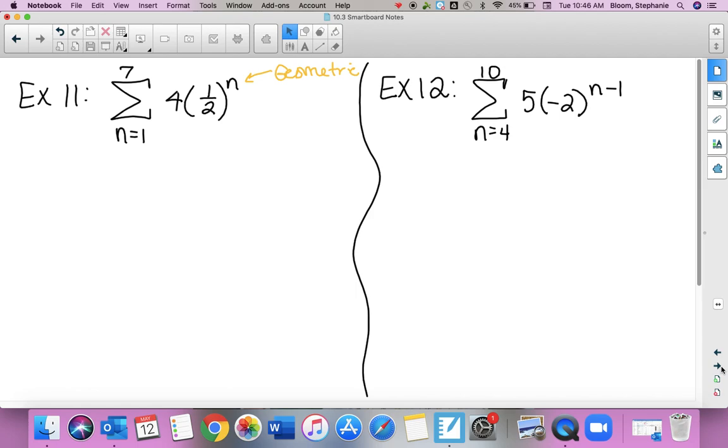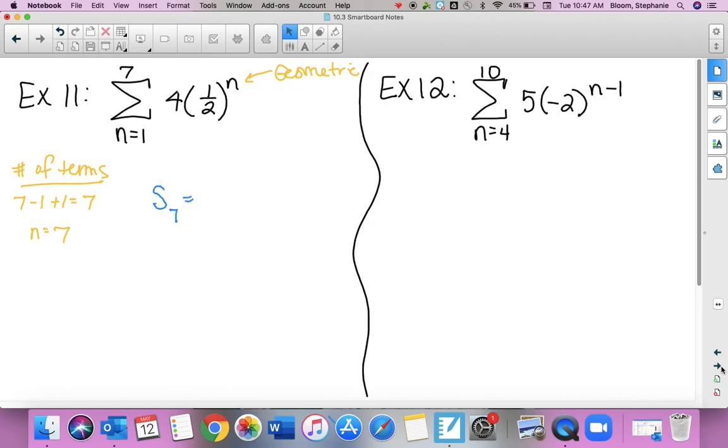To find the number of terms, remember when it's written like this, you always just do top minus bottom and then add 1. So 7 minus 1 plus 1, there are 7 terms. If you start at term 1, the number of terms is always your top number. So we're finding the sum of 7 terms.